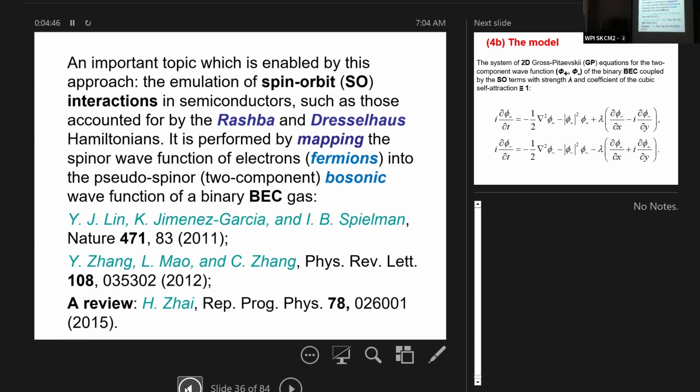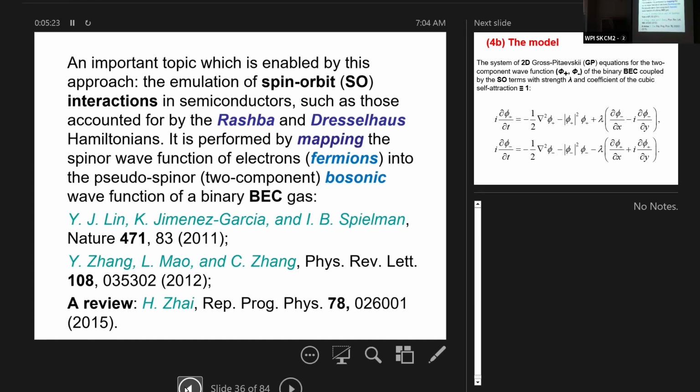Now, in BEC, of course, first of all, the particles are not fermions, unlike electrons, they are bosons. And second, in the real experiments, at least in the simplest experiments, they don't have any true spin, but it's possible to emulate essentially the same phenomenon by choosing a particular binary condensate. So a 2-component condensate, which is formed as a mixture of 2 different hyperfine states of the same atom, essentially.